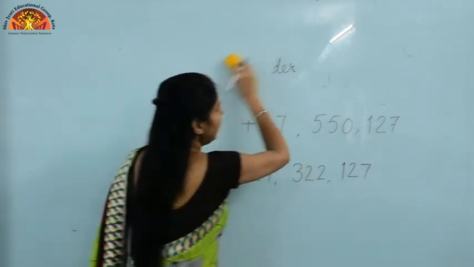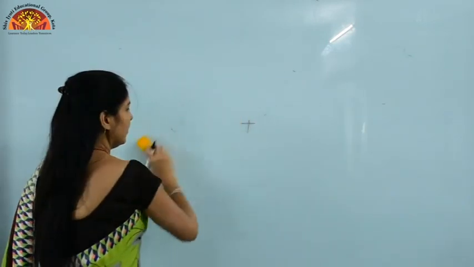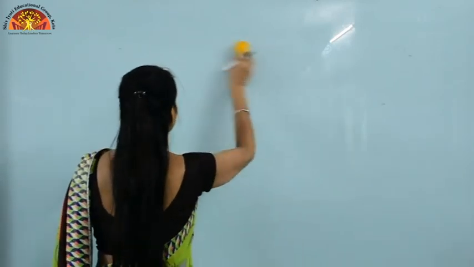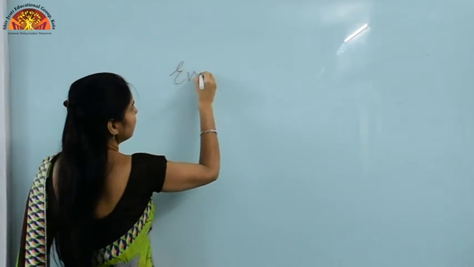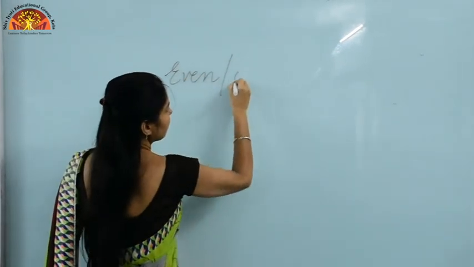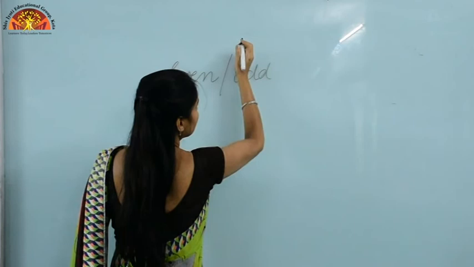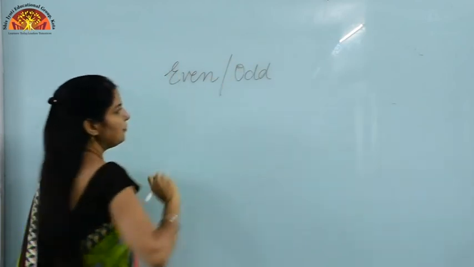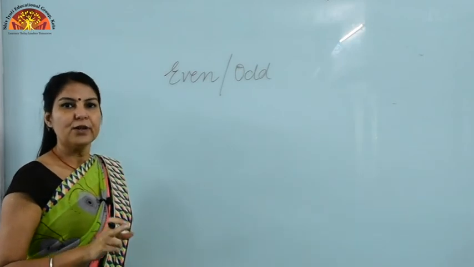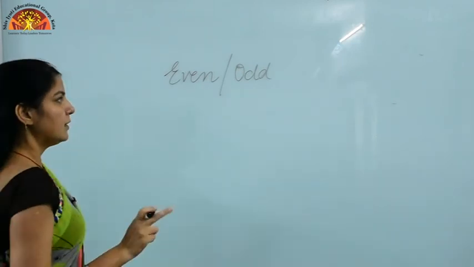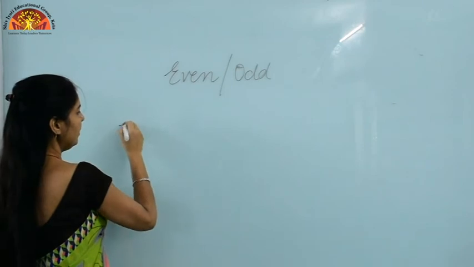This is odd and even numbers. Children, you know what are odd and what are even numbers? The number which ends with 0, 2, 4, 6 or 8, that will be an even number.